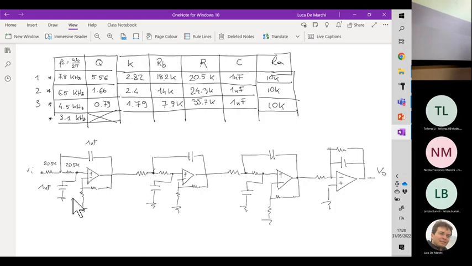RA is always 10 kilo ohm for all the Sallen-Key configurations, while RB is 18.2 kilo ohm for the first one, 14 kilo ohm for the second, and 7.9 kilo ohm for the last one.